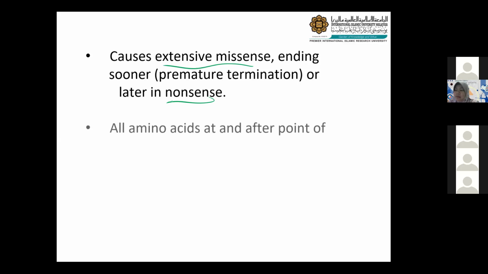All amino acids at and after the point of mutation will be changed.